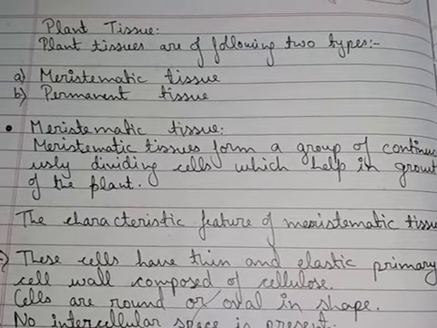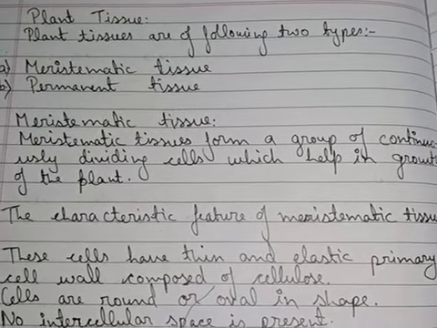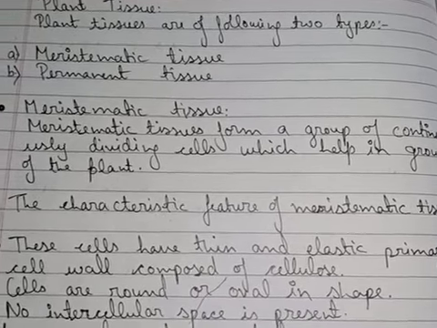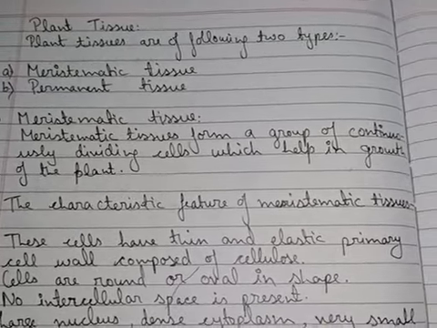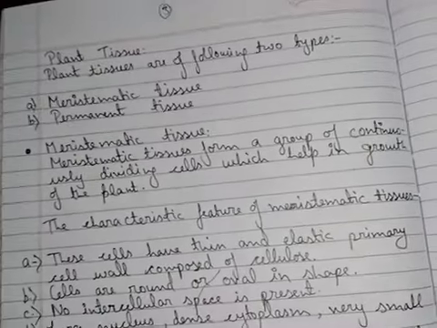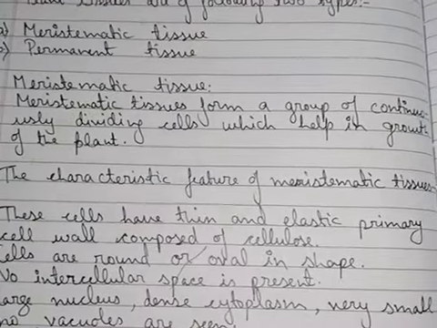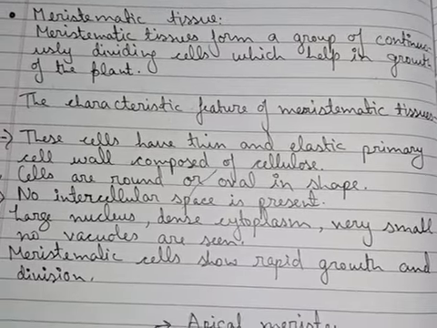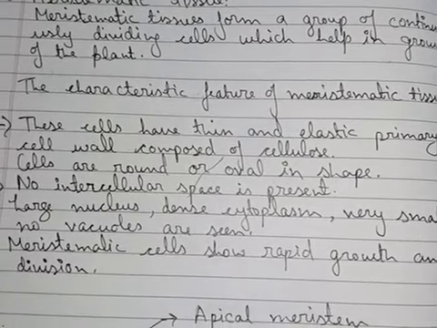Now, what are meristematic tissues? Meristematic tissues are the group of continuously dividing cells which always help in growth of the plant.